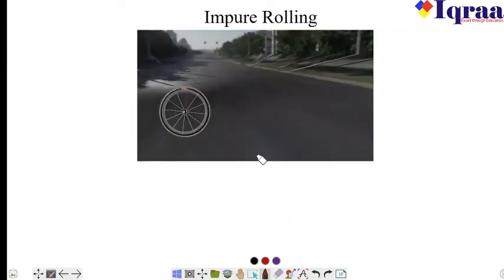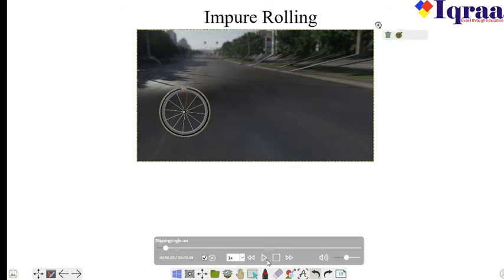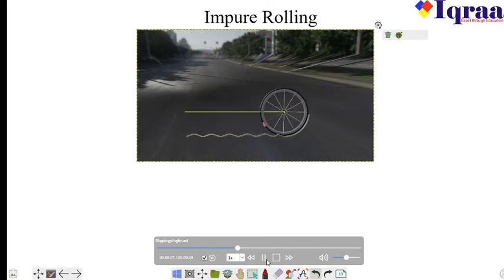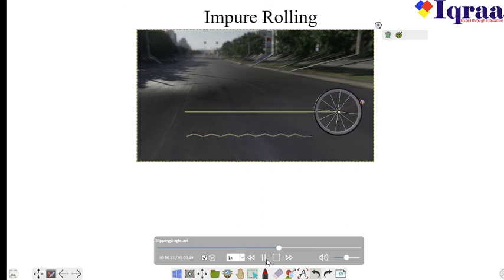Another example of impure rolling is the case where our wheel gets stuck in the mud. In this case, the wheel starts rotating at the same point, or it's rotating more and translating less. As a result, the thread is unwinding at a greater speed and the wheel is moving forward with a lesser speed.